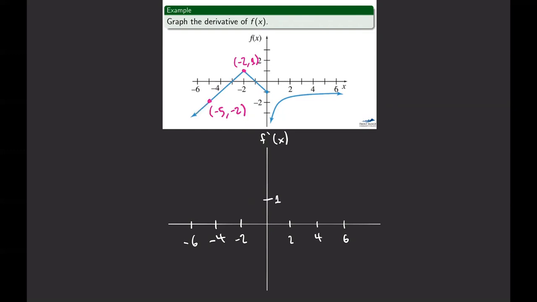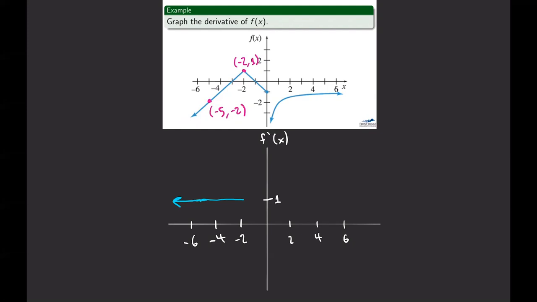And so when I'm in between -5 and -2, my slope is equal to 1. And also even when I'm down lower than -5, the slope is still that 1. So I can just put this going all the way out. And that right there is the graph of the derivative in that little portion of the function.